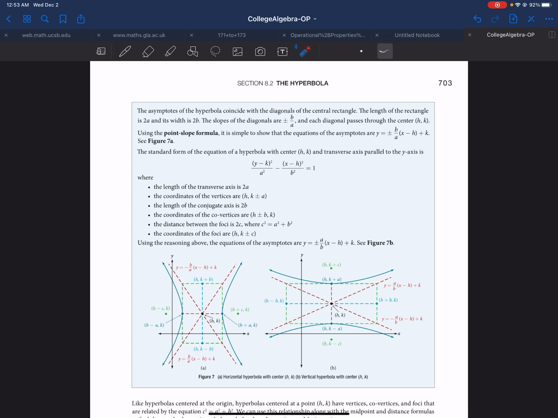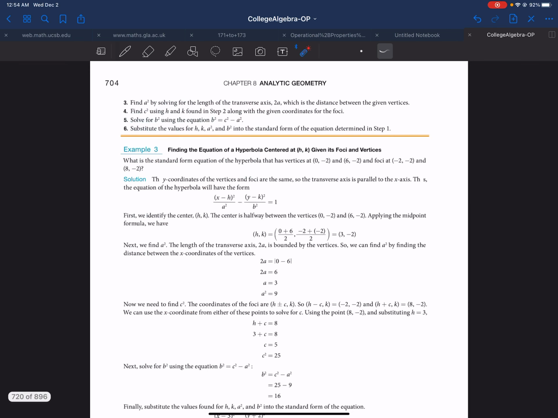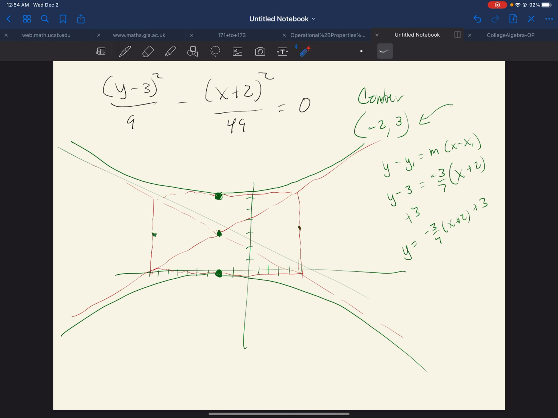So then they say this, the length of the transverse axis is 2a. Well, in my picture, if I went up 3 and down 3, a was 3, and so 2 times 3 is 6, but if that's 3 and that's 3, then that's 6.